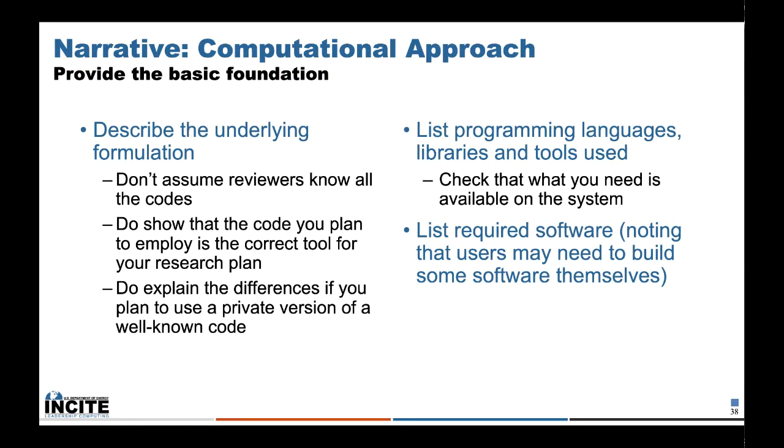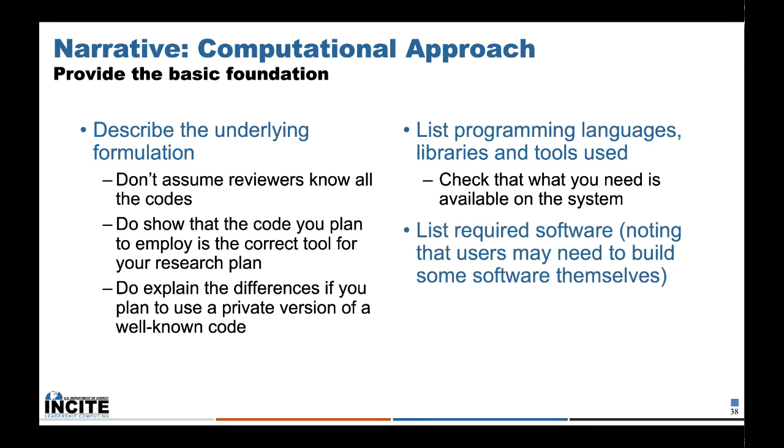Make sure to check that all the programming languages, the libraries, the tools that are needed for your project are available on the system that you are requesting the allocation on. Especially, well, we don't have yet Polaris and Aurora, but you will probably have to follow the guidelines for those systems and the information that is available on the web.